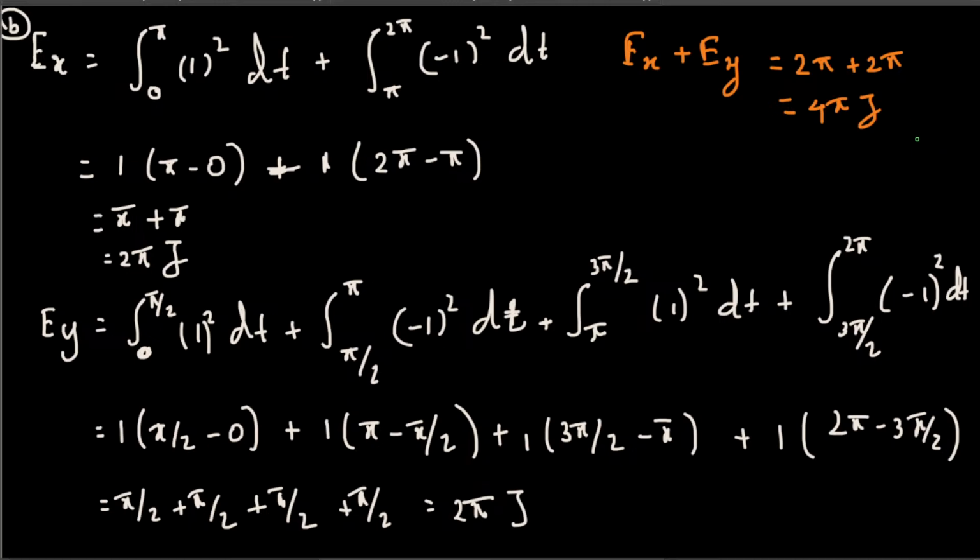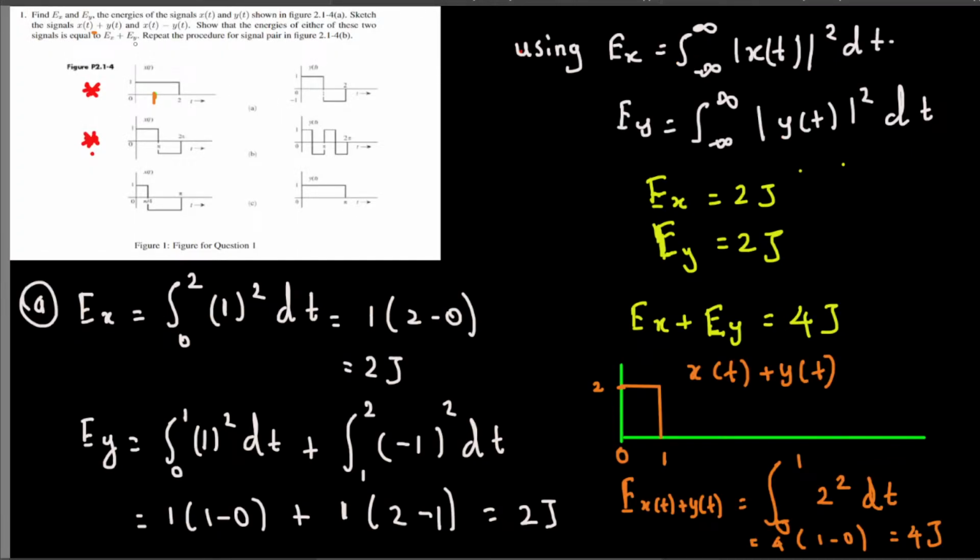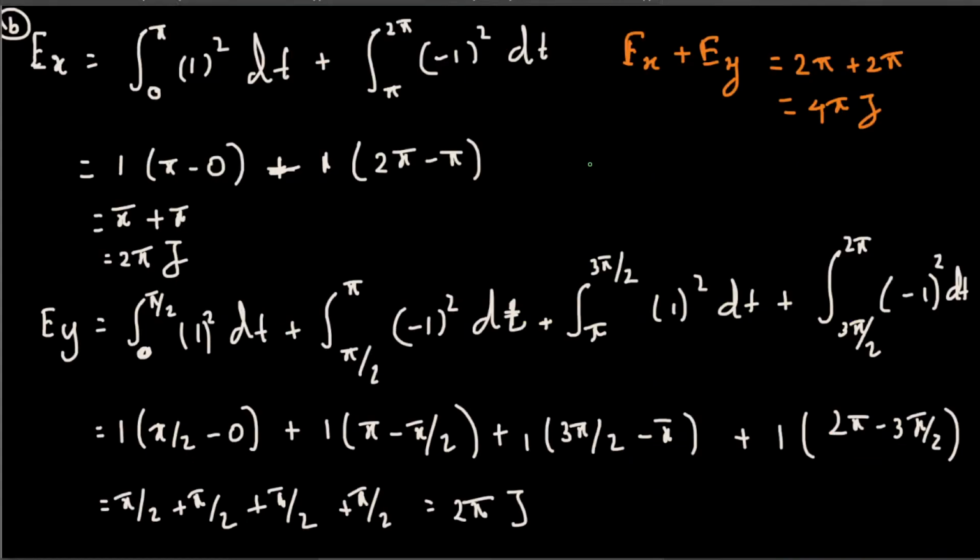Now, from the question, they are asking us to find this Ex and Ey, then prove that x(t) plus y(t) and x(t) minus y(t) both of them are equal to this Ex plus Ey. We have to add and subtract these two graphs and make sure that also provides 4π joules.